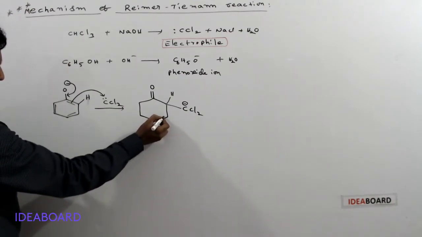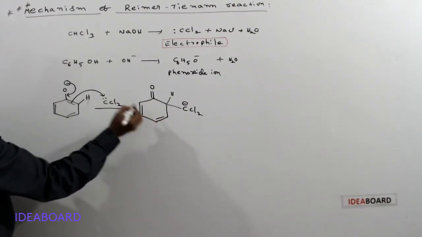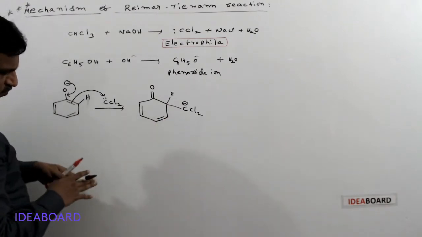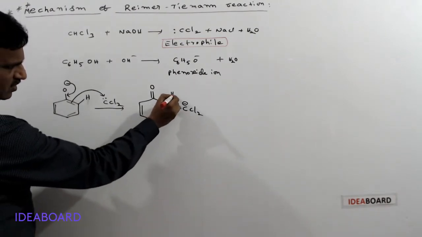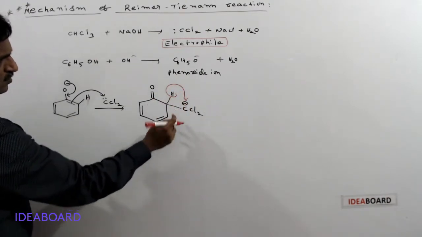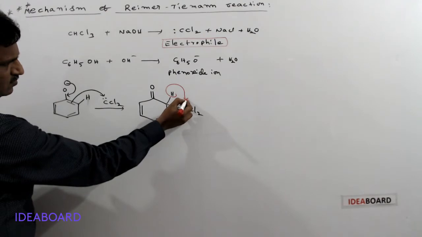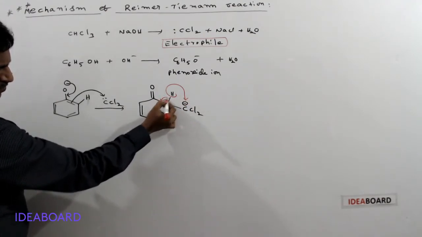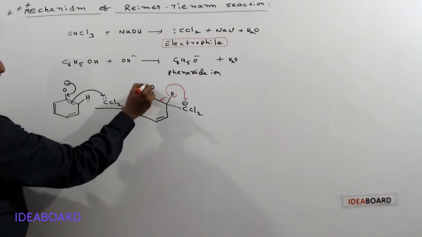And we are having pi bond here, and already pi bond is present here. Now one hydrogen shift occurs. This hydrogen is shifting onto this carbon atom. By this hydrogen shift, this pair of electrons are shifting onto this and then this pair of electrons shifts onto oxygen again.